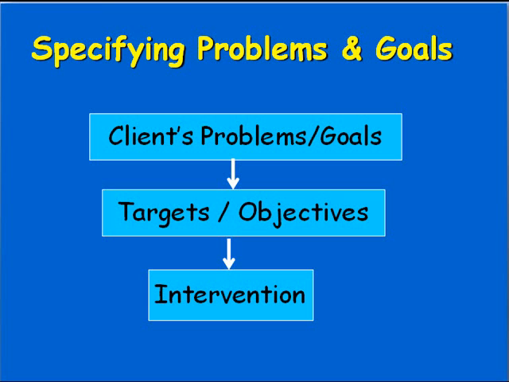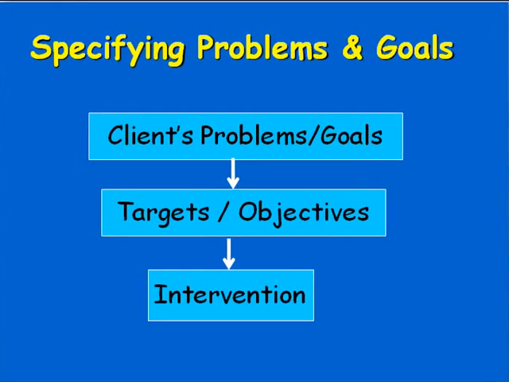And then you put that into measurable objectives, targets, and a target comes from a problem, and a goal comes from an objective. And those are at the measurable level.